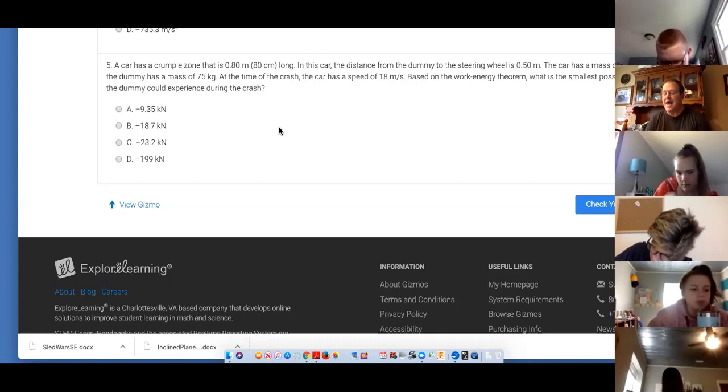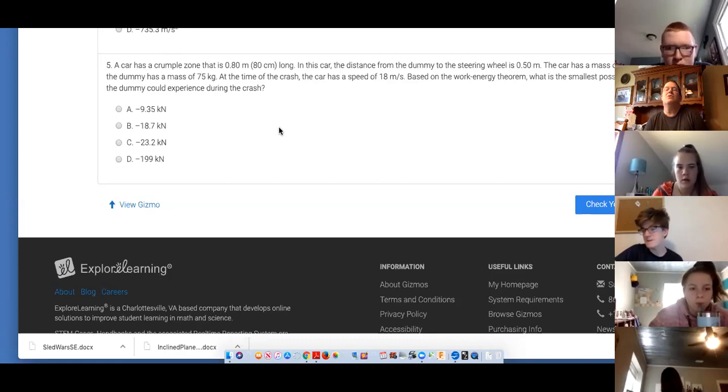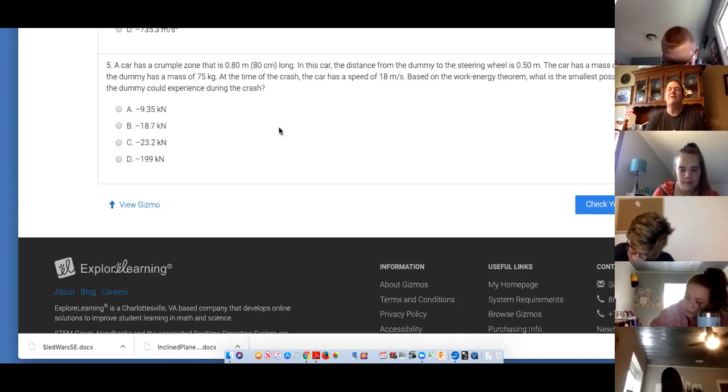Multiply by the mass, and the mass is the combined mass, 1,600 plus 75. So multiply it by 1,675.